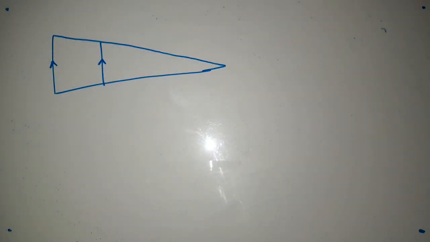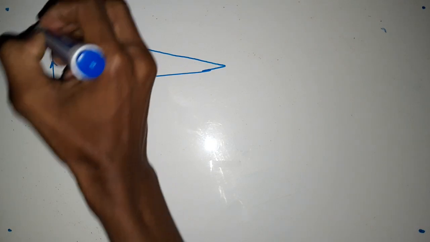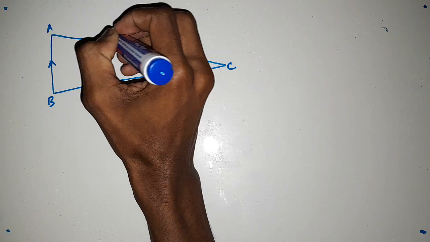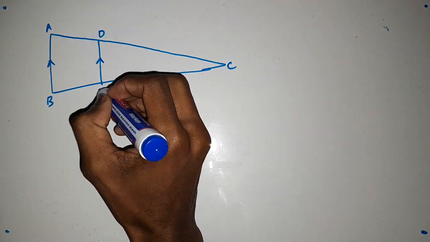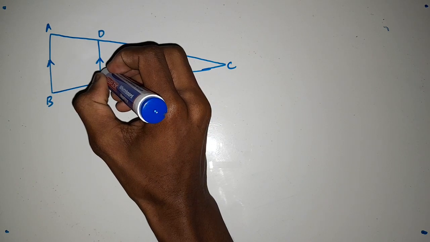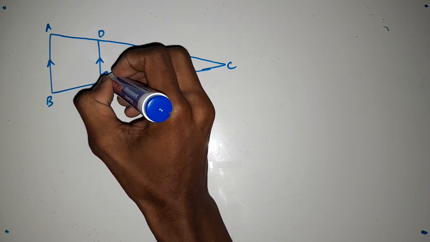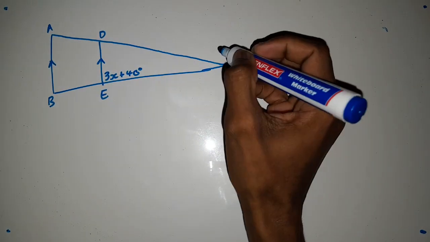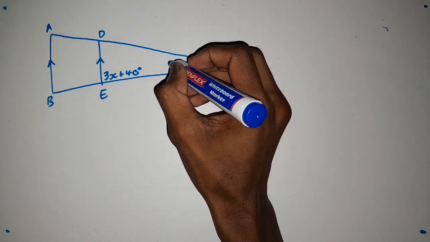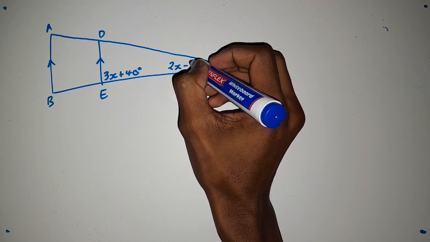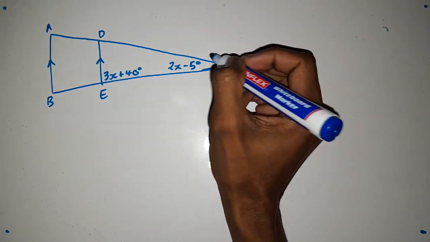This, let me see, A, B, C, D, and E. Then we have 3x plus 40 degrees here. C here is 2x minus 5 degrees.